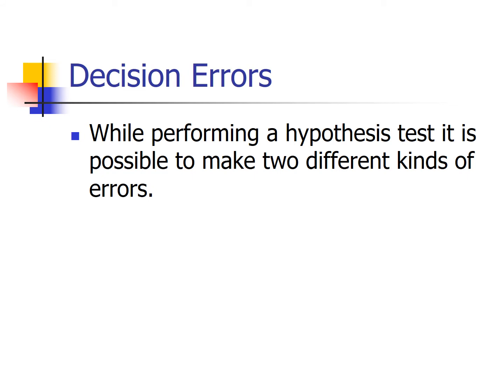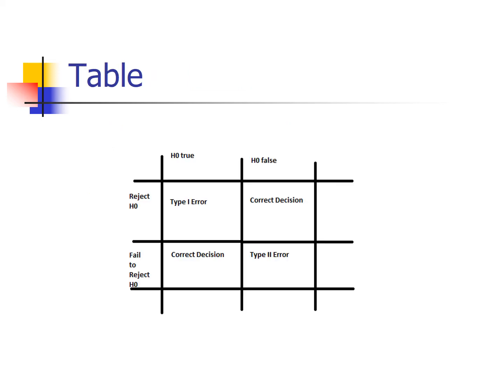Now, when performing a hypothesis test, it's possible to make two different kinds of errors. It's possible to make two different mistakes. Here's a table representing this.